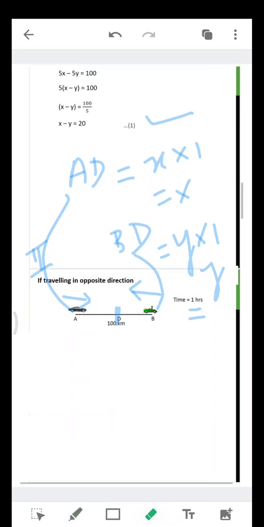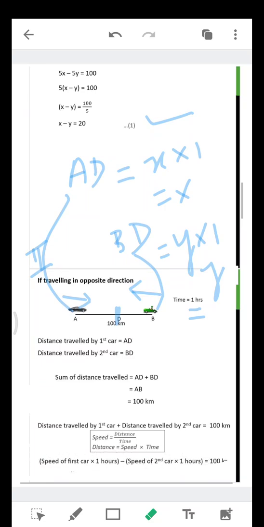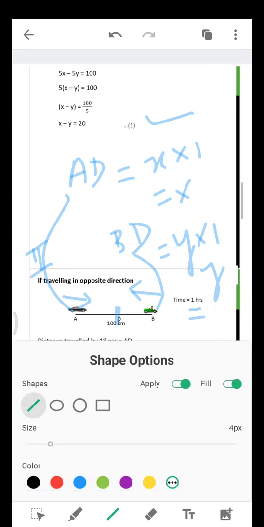If I frame equations for this, the distance traveled by the first car is AD, the distance traveled by the second car is BD, and the sum of the distances AD plus BD is how much? AD plus BD is nothing but AB, that is 100 kilometers. So I can write the total distance traveled by the first car and the second car, and this will be plus here. Just be careful.